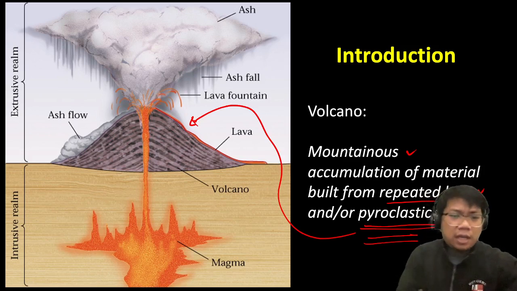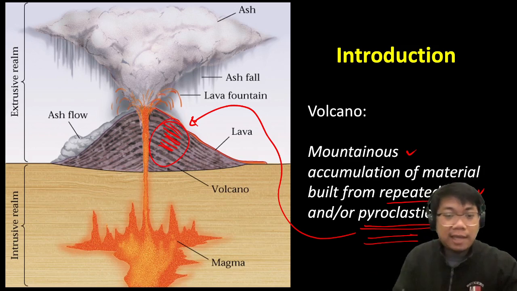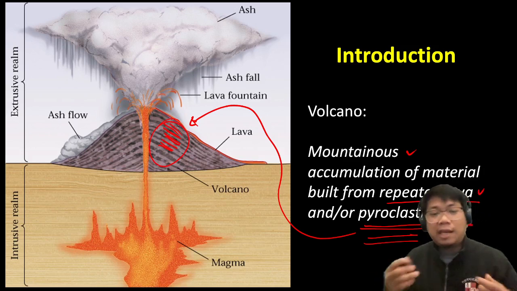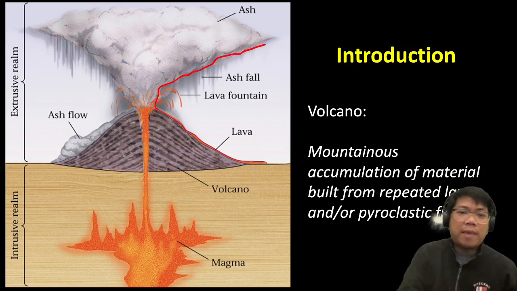However, this illustration shows that we have layers of rocks right here, right? And these layers of rocks represent volcanic materials, and again, they can be either lava or pyroclastic materials. So what are pyroclastic materials? Just to explain it very briefly, this is what we mean by pyroclastic material right here.